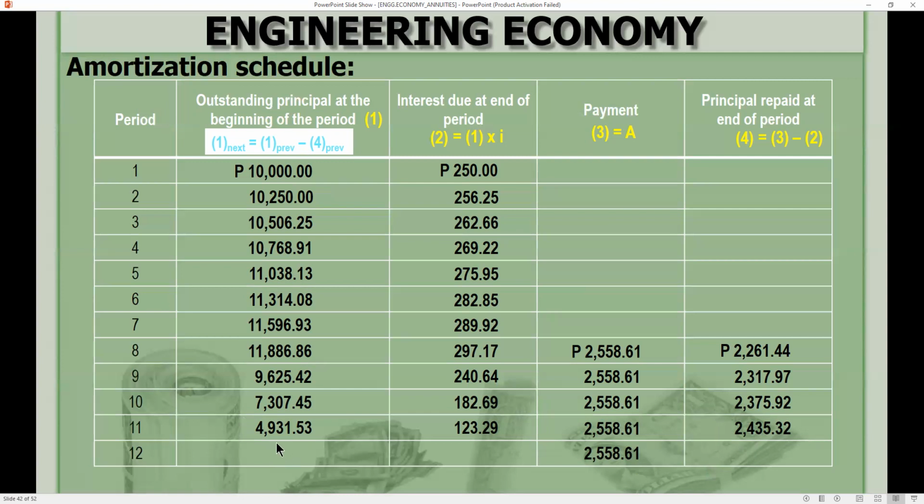On the 12th period, you get 2.5%, and this one minus this 62.4 gives 2,496.21. So it is now equal. You have repaid the debt, so it is zero. You are cleared.